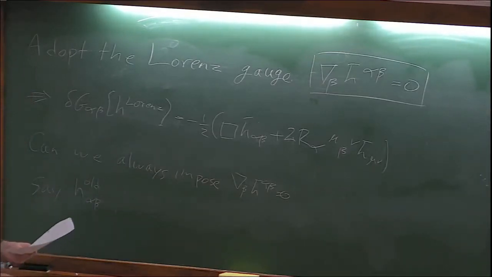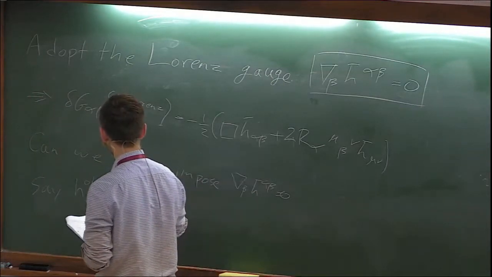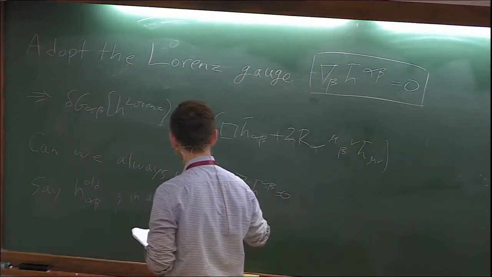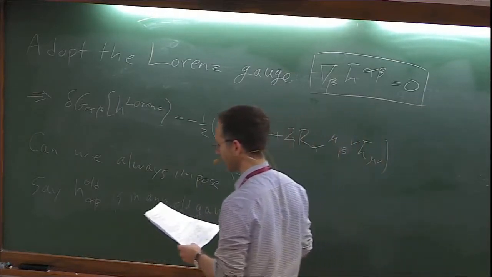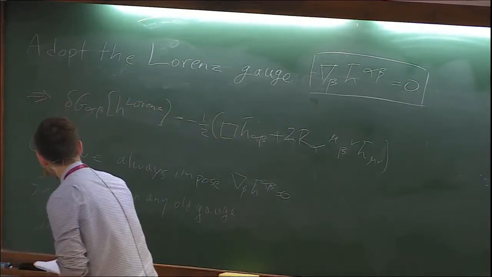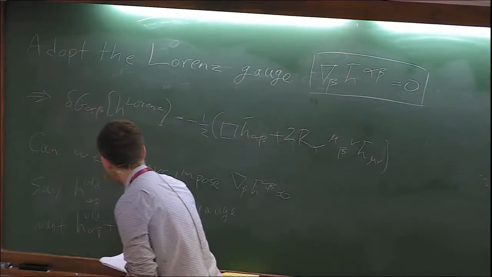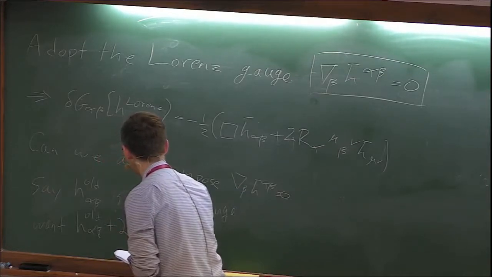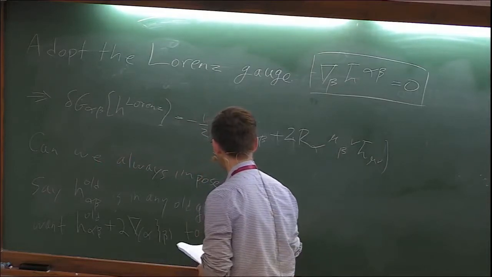So it's any gauge, doesn't matter what it is. And we want to transform to a gauge where the divergence of the trace reverse is 0. Then we want h old plus this symmetrized derivative of a vector to satisfy the Lorenz gauge condition.